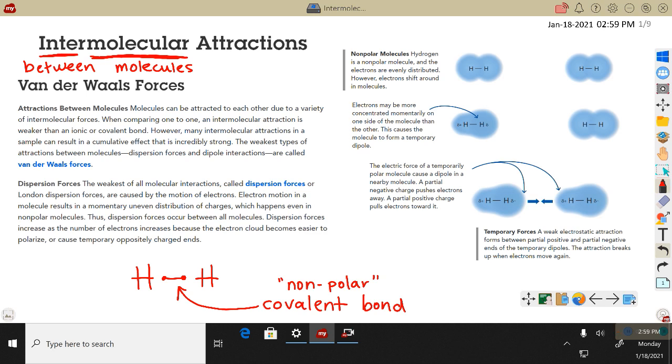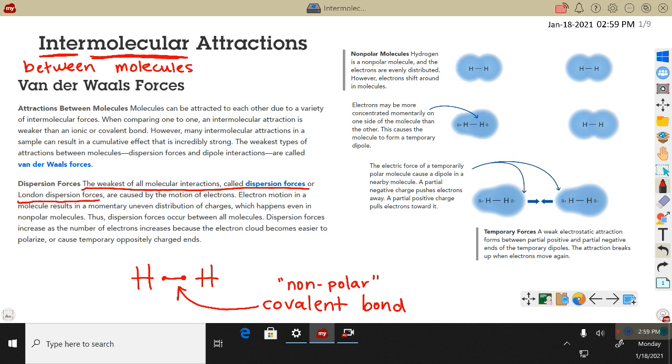This dispersion force is the weakest of all intermolecular attractions, or intermolecular forces. Sometimes it's just called a dispersion force. Sometimes we refer to it as a London dispersion force, after the person that came up with this concept.